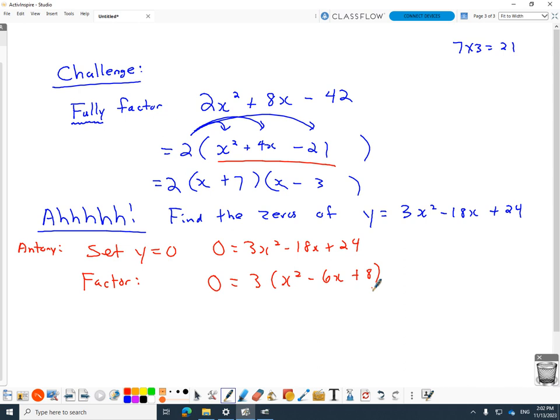Oh, and it's easy. 2 and 4, he says. He's right. It is 2 and 4. 2 times 4 is 8. And 2 plus 4 is negative 6.